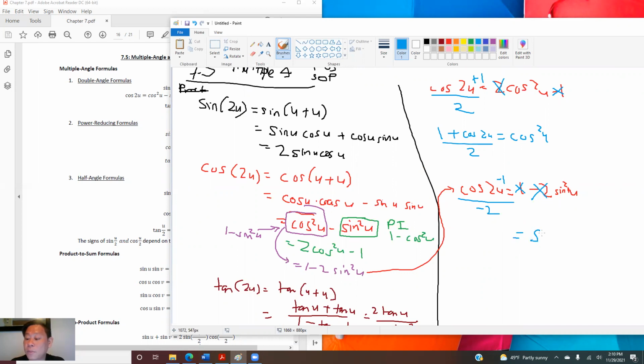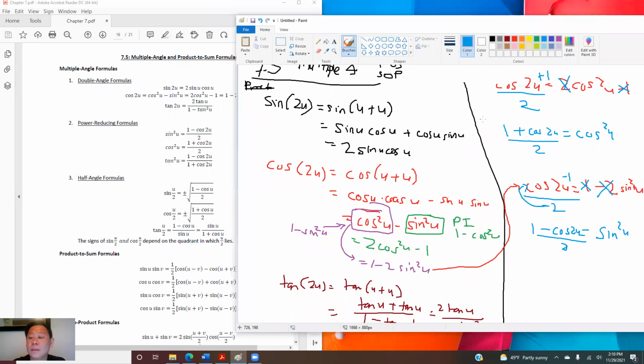So this will give me sine square u, and now the negative can be applied to the top, so we will get 1 minus cosine 2u over 2. So the negative will change all the signs to become 1 minus cosine 2u. So that's why you get what we call the power reducing formula: sine square u is 1 minus cosine 2u over 2, and cosine square u is 1 plus cosine 2u over 2.